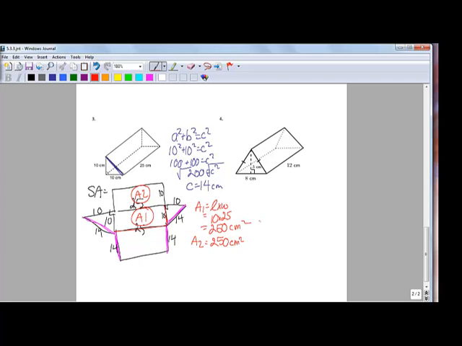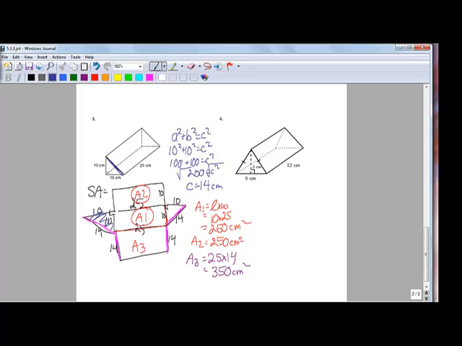That's nice. But unfortunately, A3 is not. It's got different dimensions. A3 is going to be 25 times 14, another rectangle. 25 times 14 gives you 350 centimeters squared. So all those rectangles are taken care of.